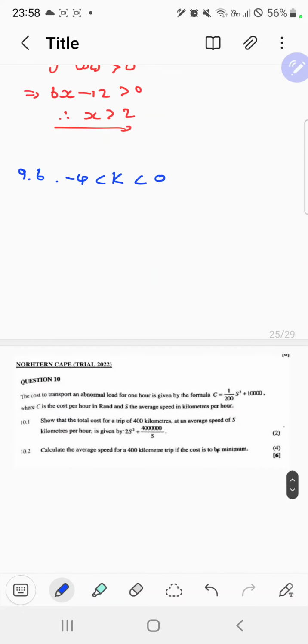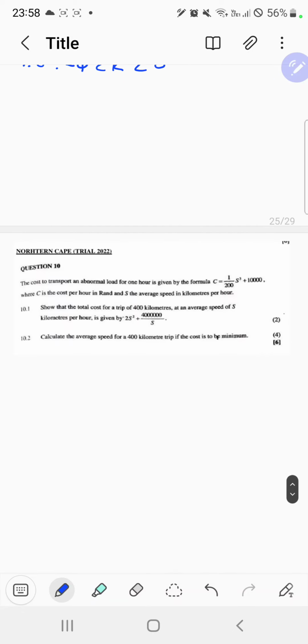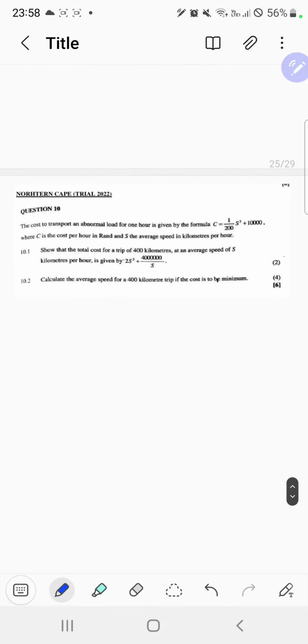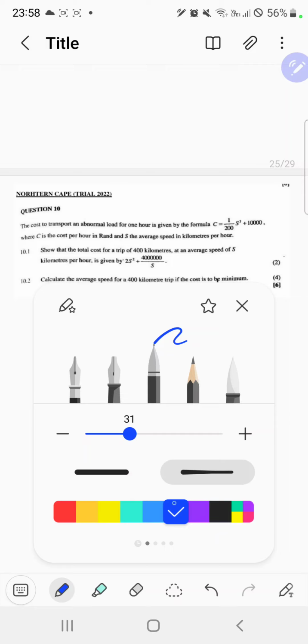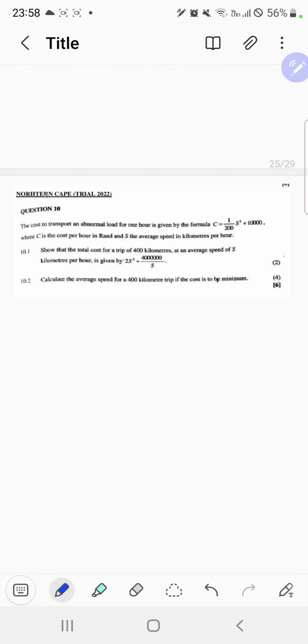Then let's move on guys to our next question. Here, what do we have? Okay, so we are told here that the cost to transport an abnormal load, okay, we're dealing with cost for 1 hour.